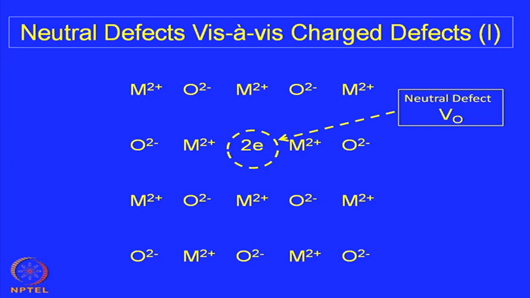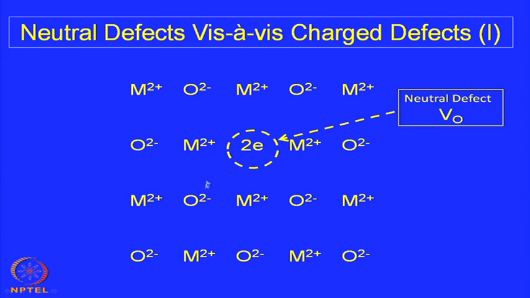Since we are talking about ionic solids, oxides, we have ions, these are not metals. The metals also have similar situations, only they do not have charged species, they are neutral species. So their things are slightly different, but when we are talking about ionic solids, we are considering two different ions, and therefore we have a situation where they can be either charged or neutral.